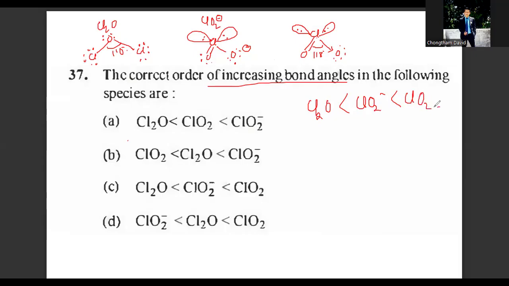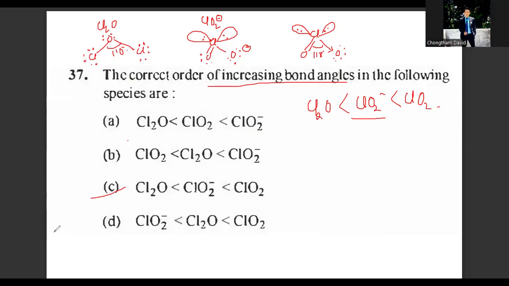In ClO2 minus, there are two lone pairs of electrons present on the central chlorine atom. Therefore, the bond angle in ClO2 minus is less than 118 degrees, which is the bond angle in ClO2, which has fewer electrons on the central chlorine atom. I have given you this sequence. The answer would be C. I hope it is clear.